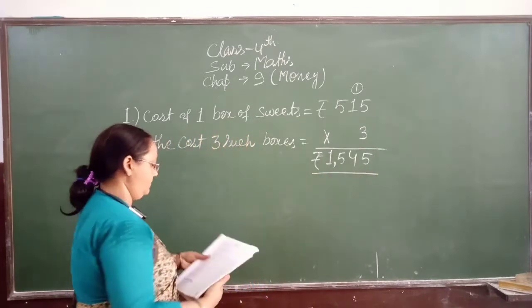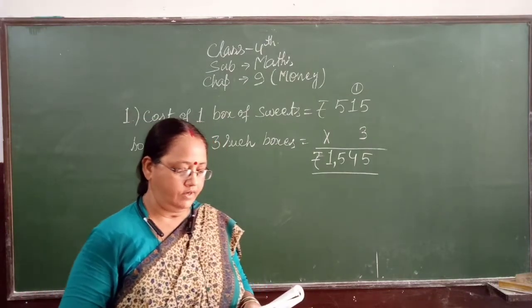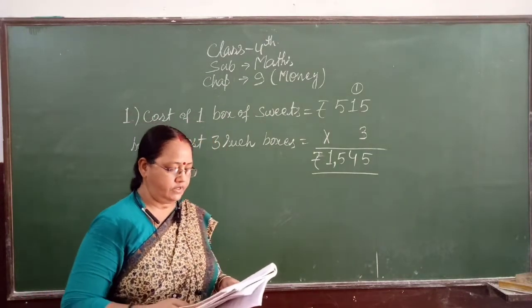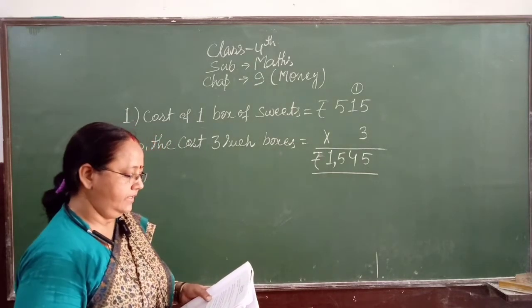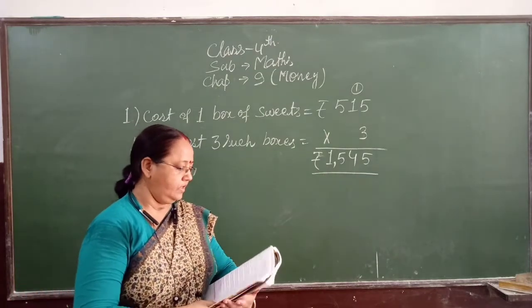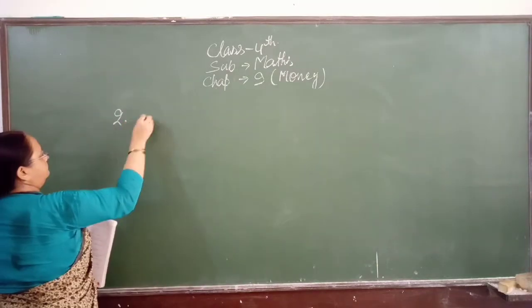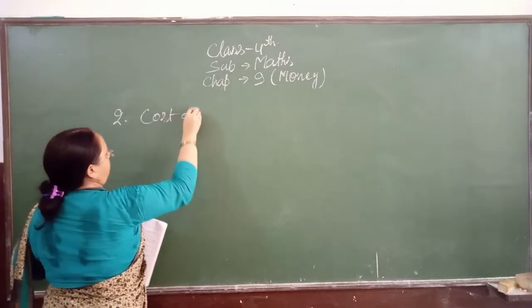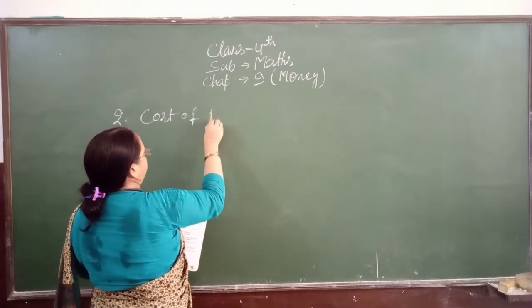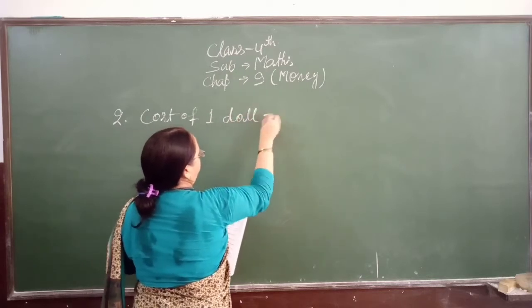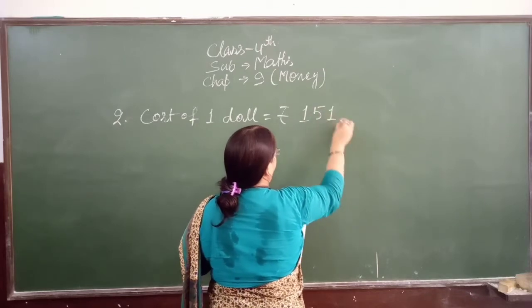Cost of 3 such boxes of sweets is equal to 1545 rupees. Now question number 2, a doll costs rupees 151 while a ball costs rupees 35. Arun bought 5 balls and 2 dolls. How much money does he need to pay? Cost of 1 doll is equal to rupees 151.